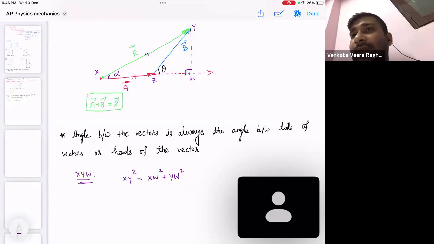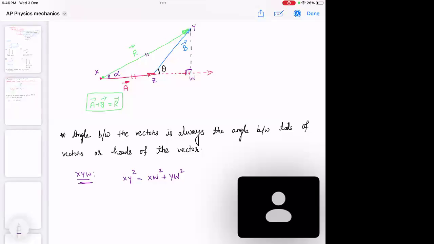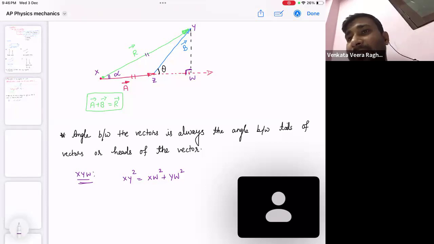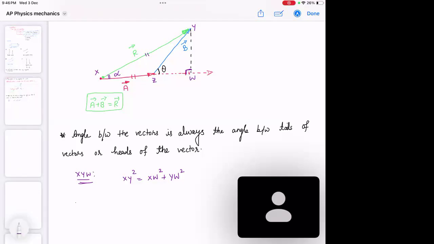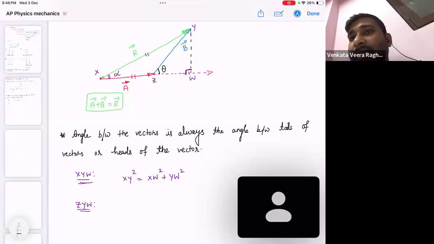Can xy square be written as xw square plus yw square? Yes. Now the problem is I don't know what xw and yw are. So I'm going to take the help of another right angle triangle, the right angle triangle ZYW.